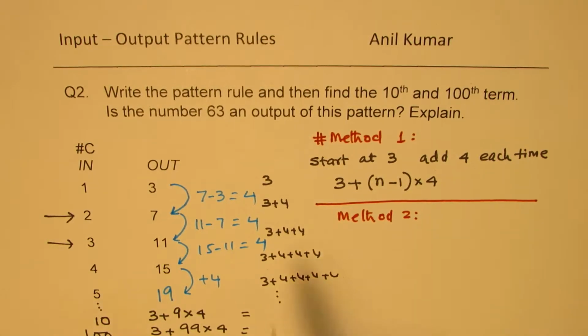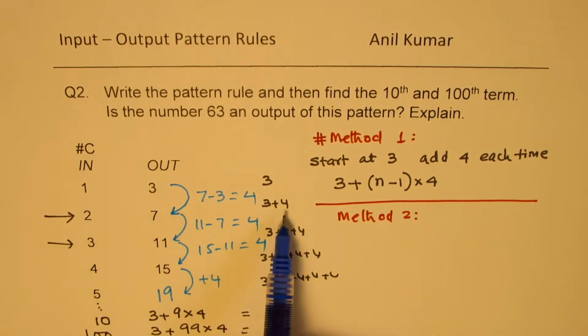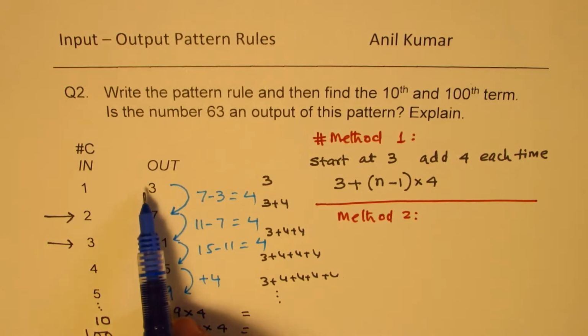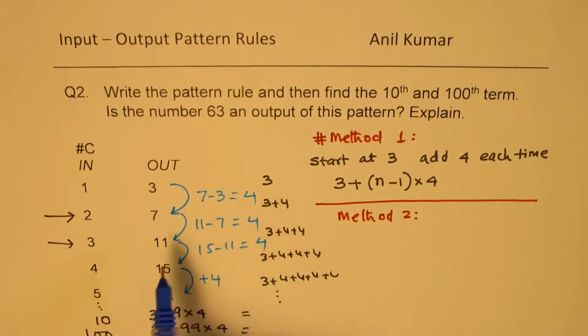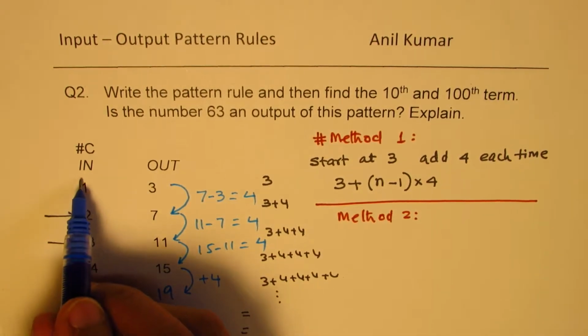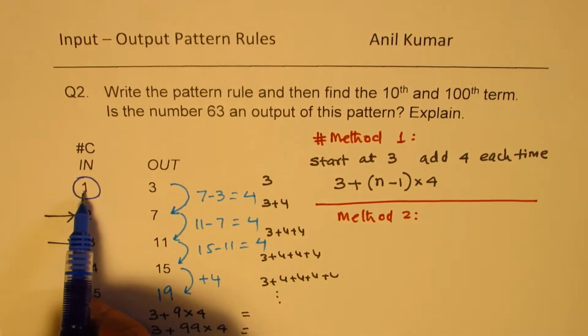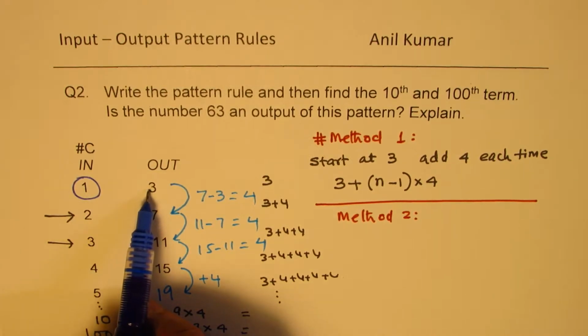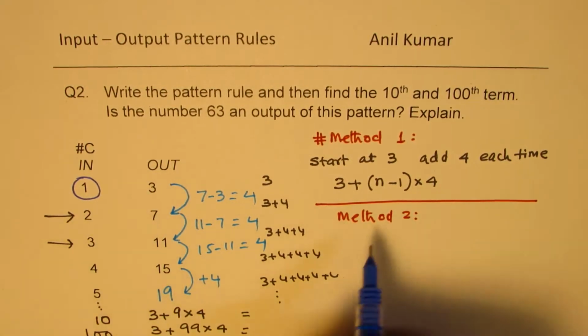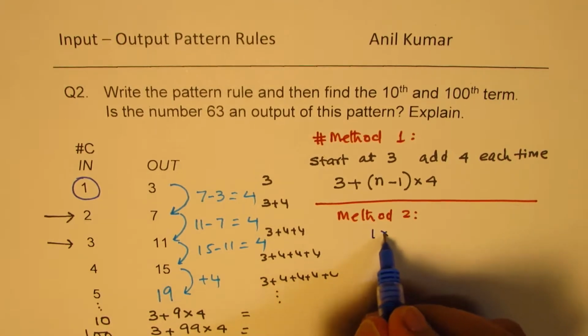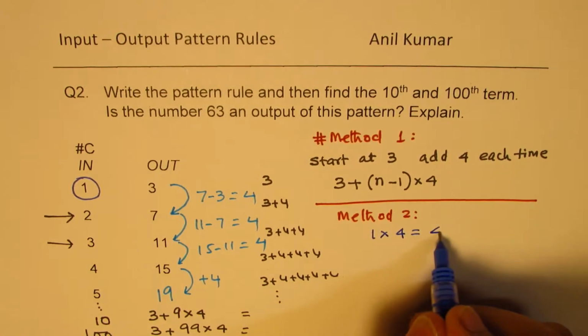And that is, we know that by adding 4 we got the result. We are increasing by 4 each time. So what we do here is that we check our result with the very first number. What is 1 times 4? 1 times 4 is 4. How do I get 3? Take away 1. So what I notice here is that 1 times 4 is equal to 4.